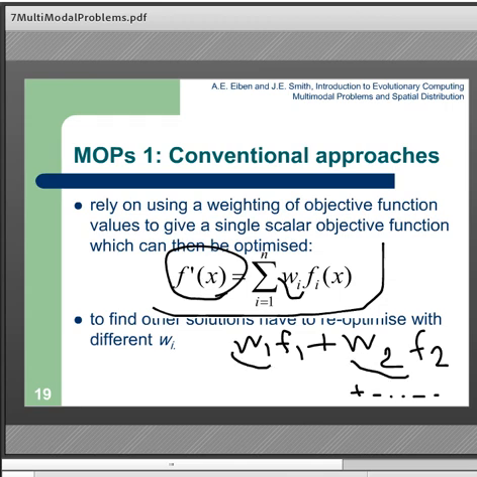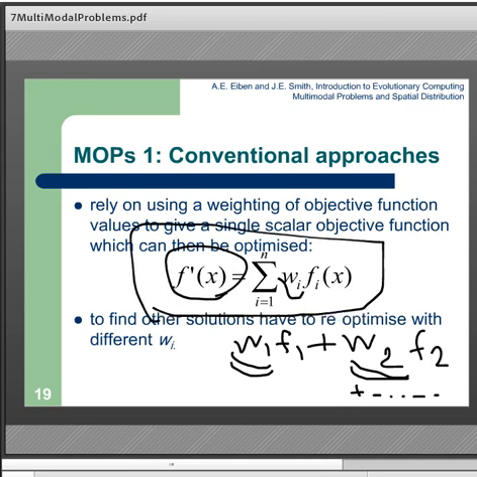Sometimes you set a good weight for a data set, but when the data is changed, when the values of the problem are changed, it doesn't work with the previous weight, and you must redefine or change the weight.